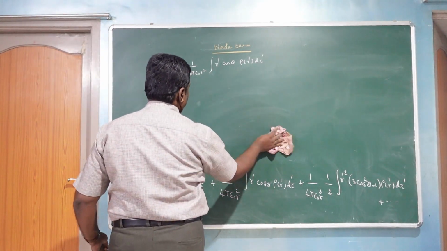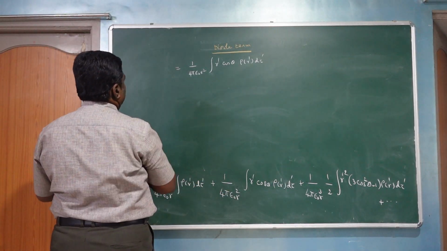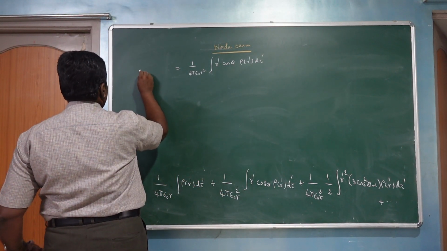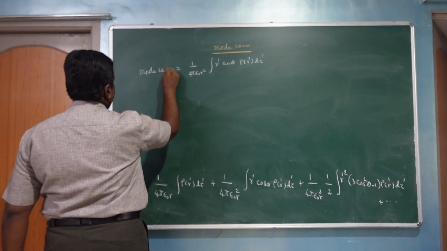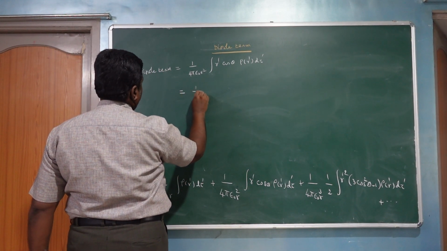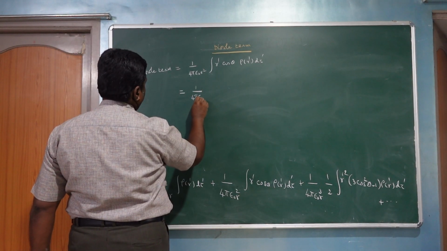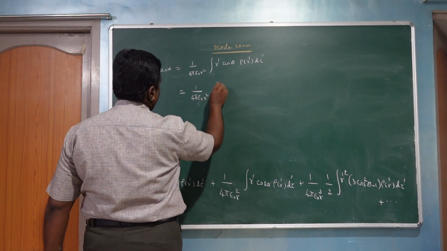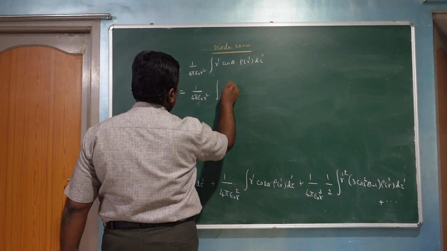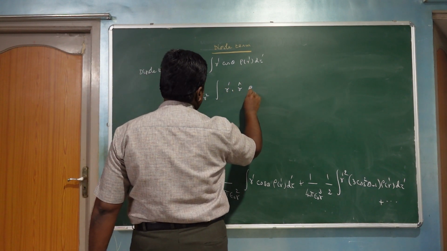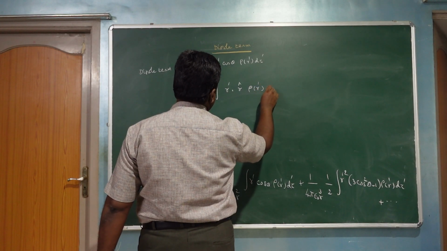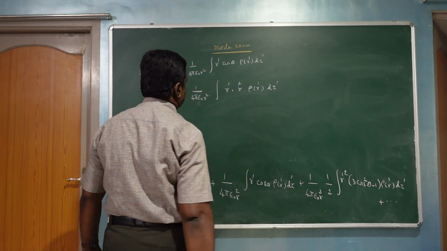So the above expression, this dipole term, is equal to 1 divided by 4 pi epsilon naught r square, integral of r dash dot r cap rho of r dash d tau dash.